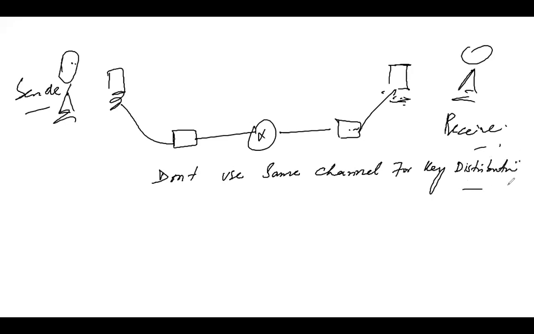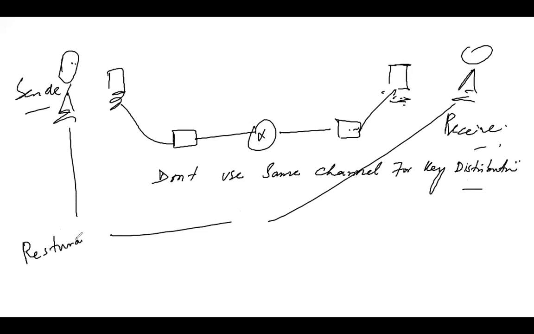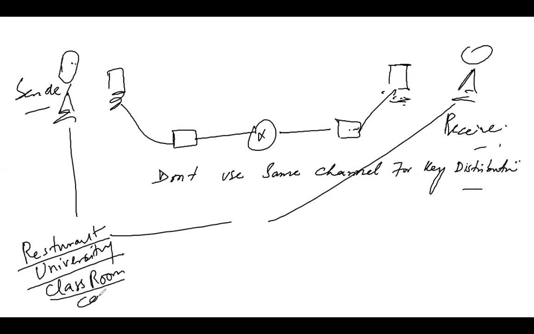That's why both of them can meet somewhere in the restaurant, in the university campus, in the classroom, or in the cafe, and share the key.